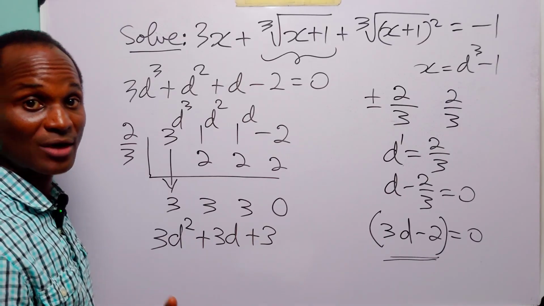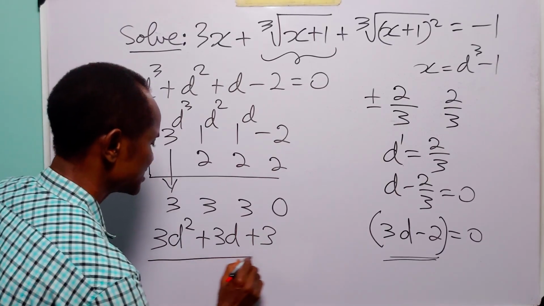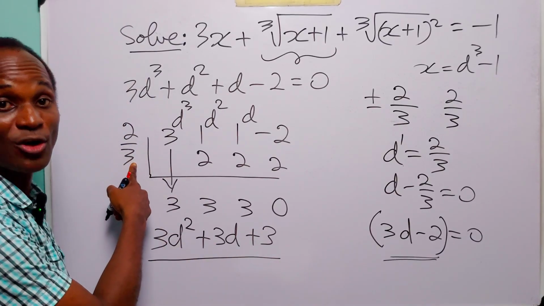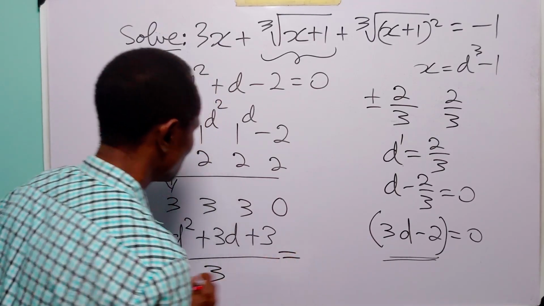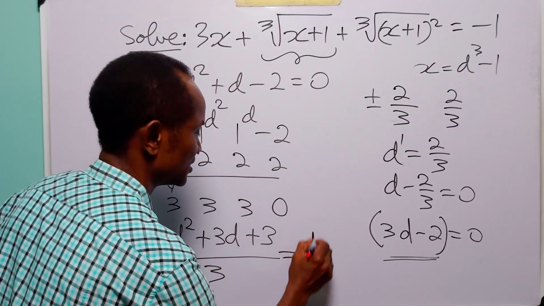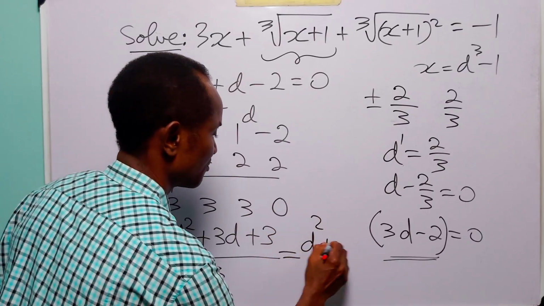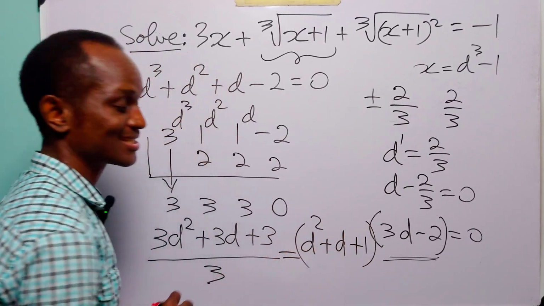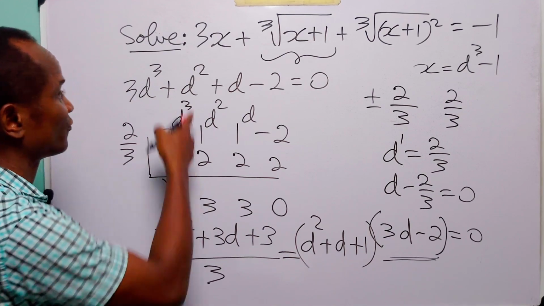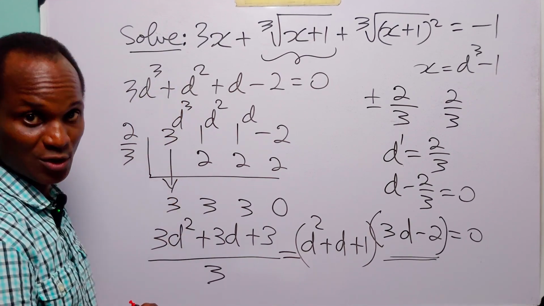Now, the last thing we are going to do is to divide this polynomial by this denominator, which is 3. When we do that, we have d squared plus d plus 1 as the quadratic factor of this cubic equation.